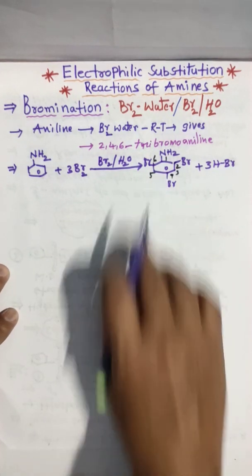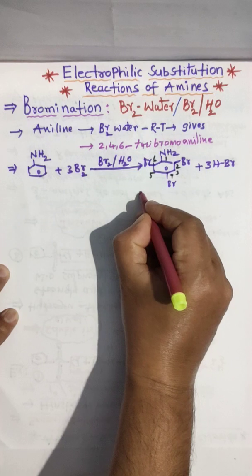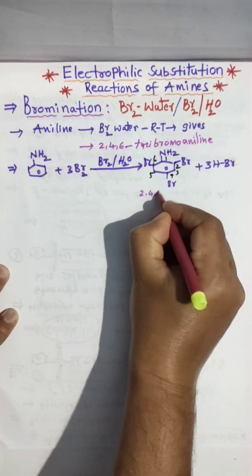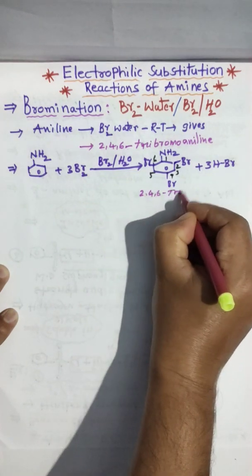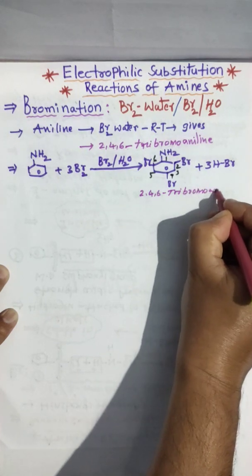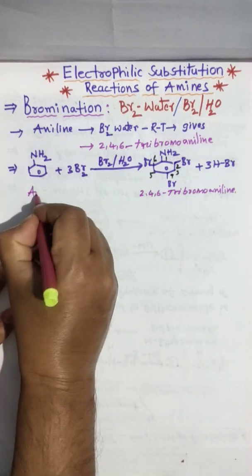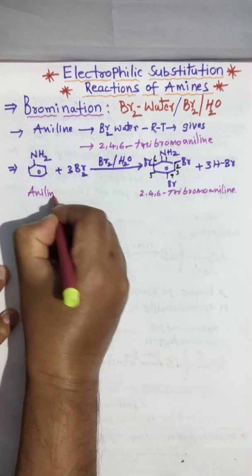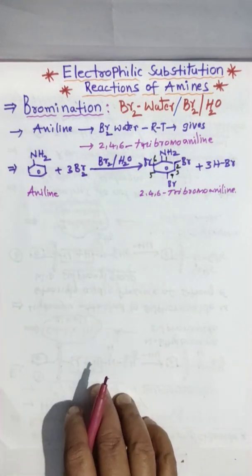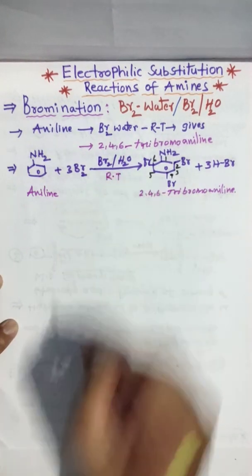This is 2,4,6-tribromoaniline, this is aniline, and this is bromine water, and it takes place at room temperature.